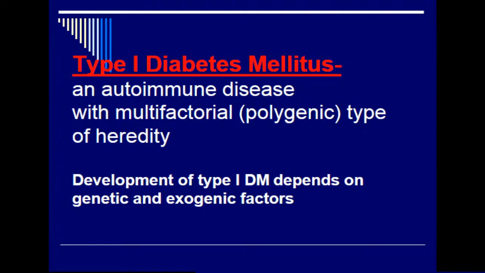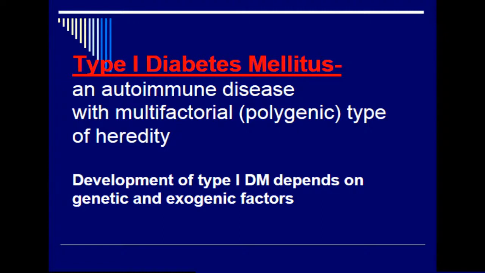Good day, students. Today, the topic of our lecture is type 1 diabetes mellitus. This disease is characterized by absolute insulin insufficiency due to destruction of beta cells in pancreas.